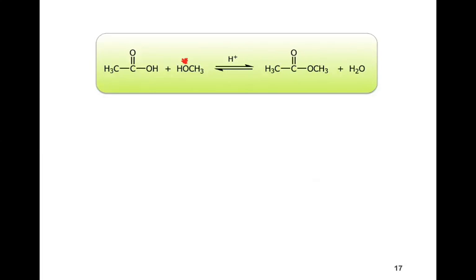The researchers, Roberts and Urey, discovered that the oxygen-18 was incorporated into the final product, in this position, the oxygen of the ester. It did not end up in the water produced from the reaction.